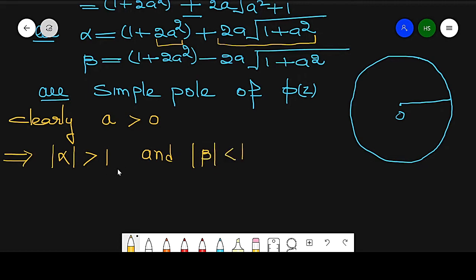So it means beta is a pole which lies inside the circle, and alpha is a pole which lies outside the circle.